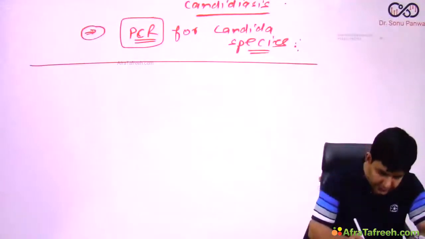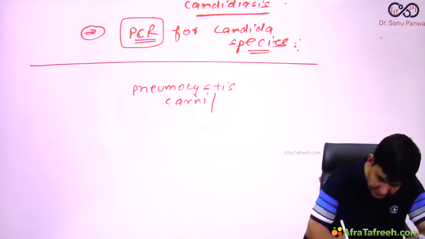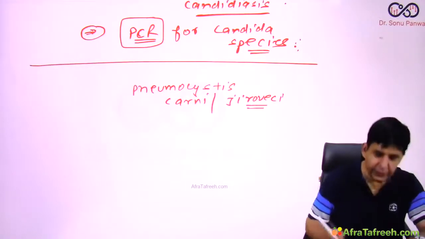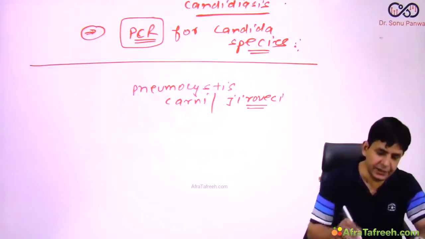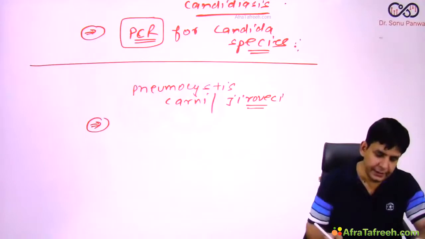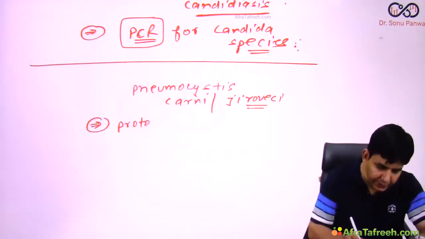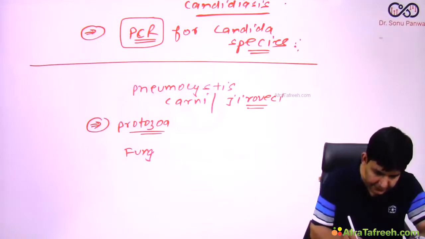Now coming to Pneumocystis carinii or jirovecii. This particular fungus which we have talked about is a controversial fungus. Some say it's a protozoa and some say it's a fungus.